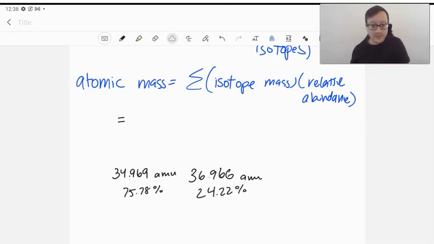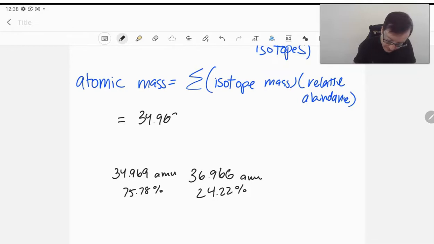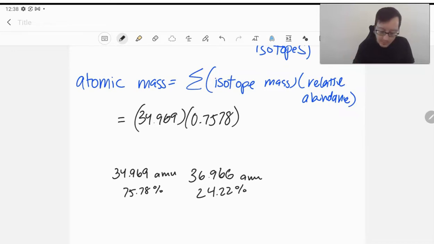So who knows? When we look at these, we want to use the isotope mass and the relative abundance. So for chlorine 35, that's 34.969 times the percentage in decimal form. Since this is a summation, that's what the sigma means there. The capital sigma means we're adding together all the products for all the isotopes.